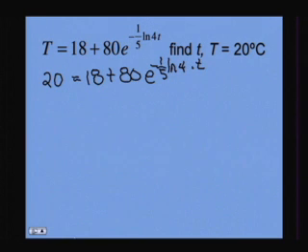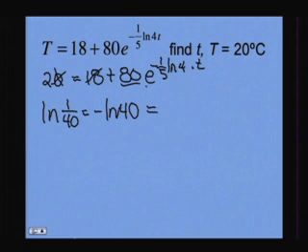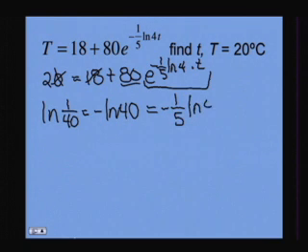So again, we subtract 18 over here, and we're left with 2. We divide both sides by 80, which is going to actually give me 1/40th on this side. So I do the log of 1/40th, which is minus the log of 40. And that's going to equal, again, when I take the natural log of this, I end up with just negative 1/5 the natural log of 4, all times t.